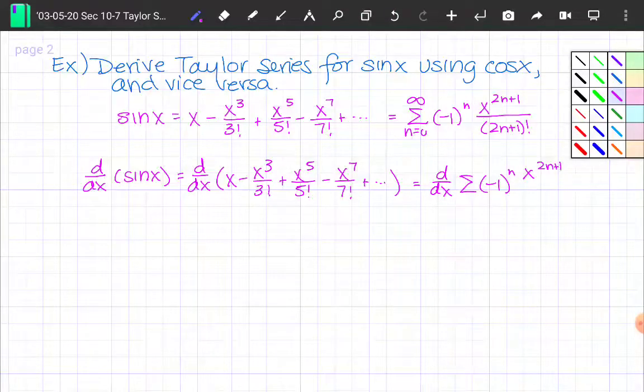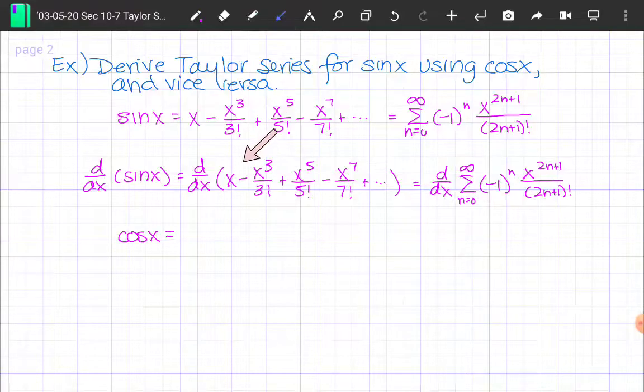So how does this work? Well, derivative of sine, we know that that's cosine. That's nothing exciting. And then I just take the derivative of each one of these terms like I normally do.